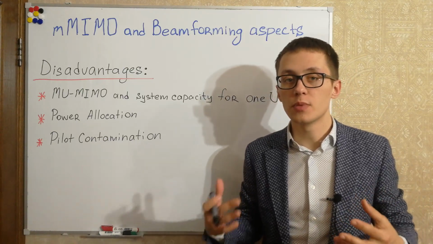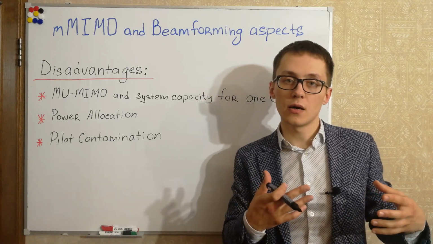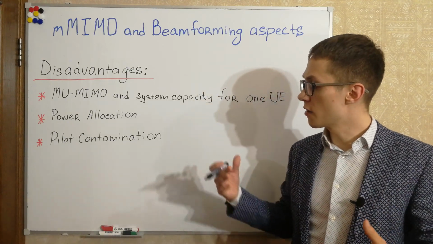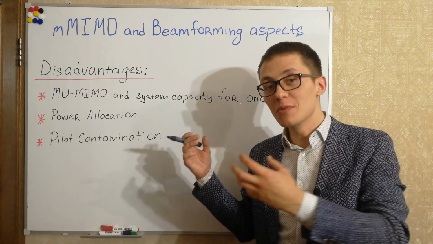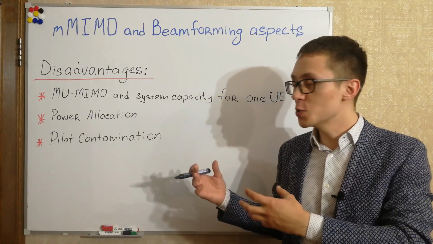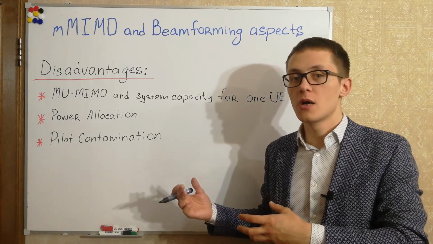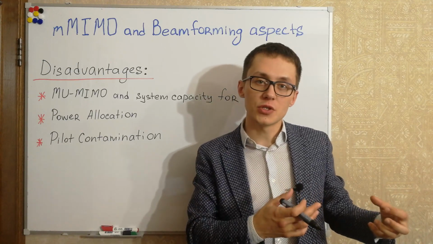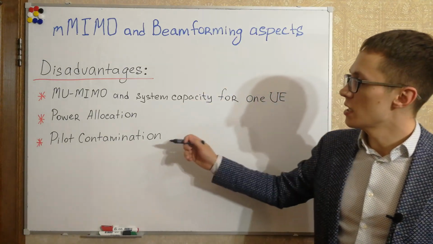And this is a very complicated task. It is an optimization task, and there can be limitations from hardware, for example, or from power consumption, or some limitations from government regulations, yes?